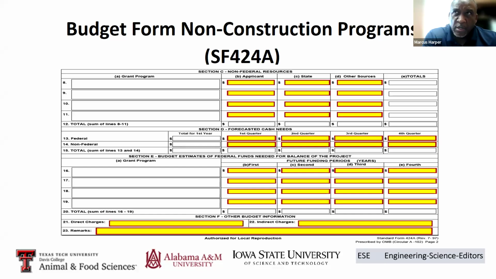So for example, if it's modified total direct costs, we would actually spell that out: modified total direct costs at 48%. If it's just on salaries and wages, we'd say salaries and wages at 47.2%. And then you're done. Now that's basically it. Next slide.